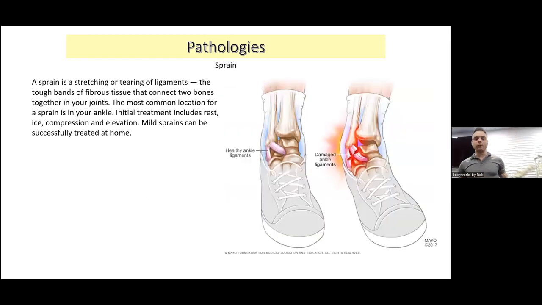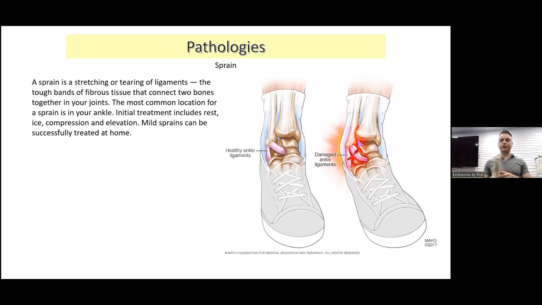A sprain. Another big one here. Make sure you know how to differentiate a sprain versus a strain. Think of when you sprain your ankle; that is because of the ligament that you tore, right? So sprains are where we tear ligaments.